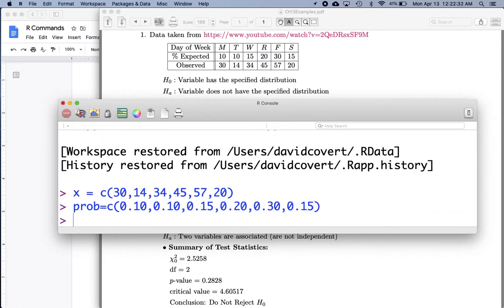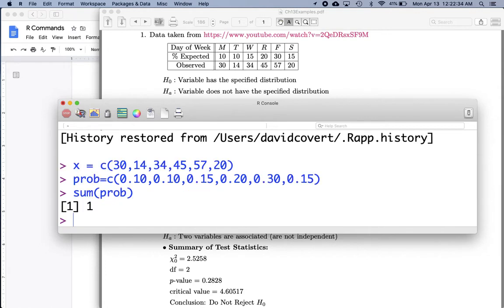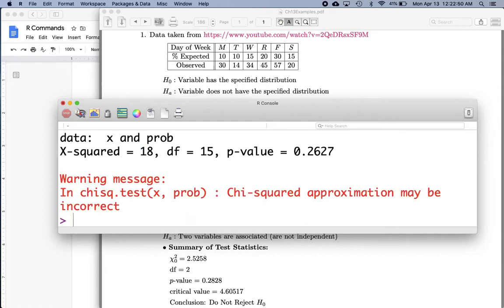And it's important to know a few things here. If we add up all of our probabilities, we should get 1. If I look at the length of x and the length of the list of probabilities, those will be the same. Other than that, all we need is to run the chi-squared test of x against our probabilities, with p equals probabilities.